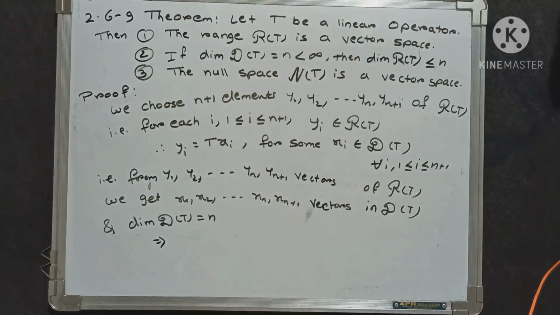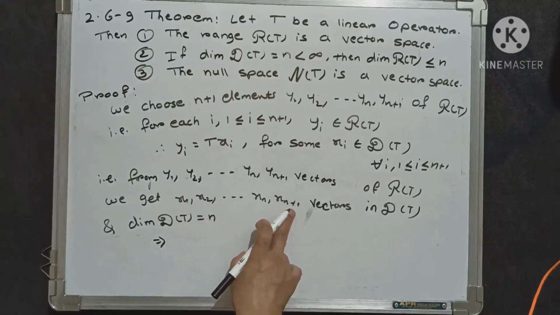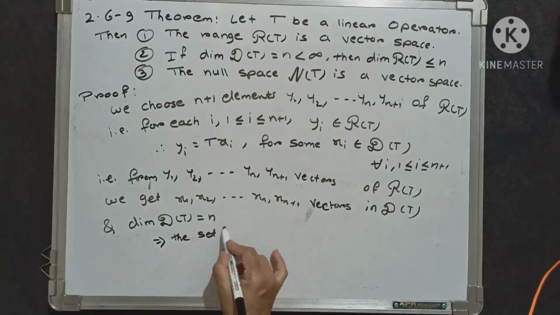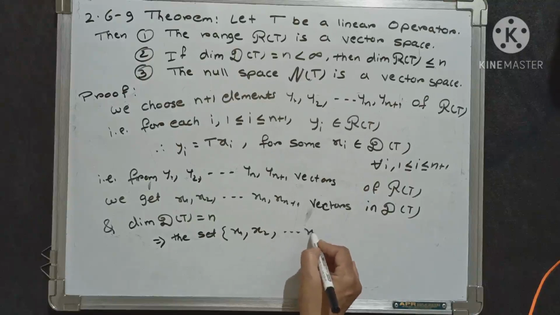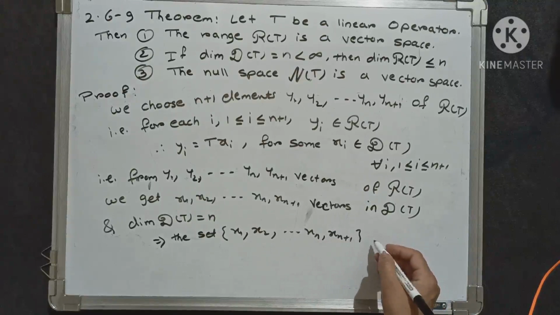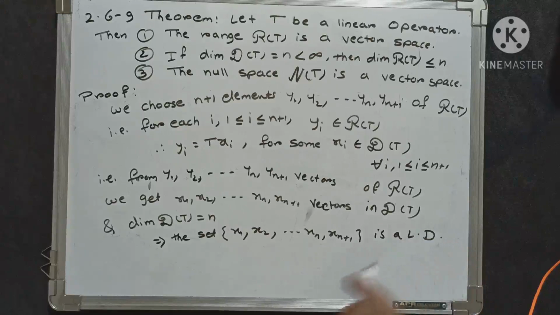Therefore, this set x1, x2, up to xn plus 1 becomes linearly dependent.